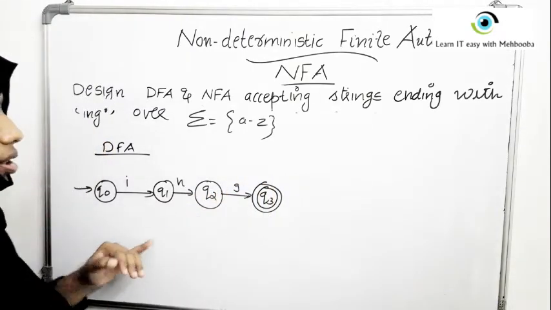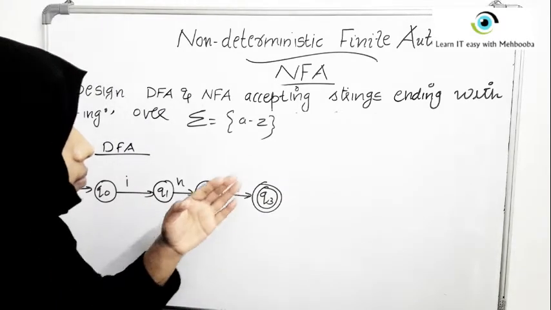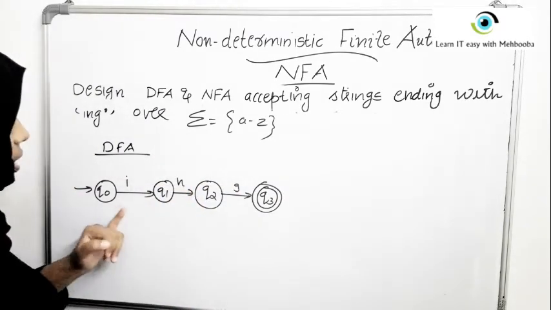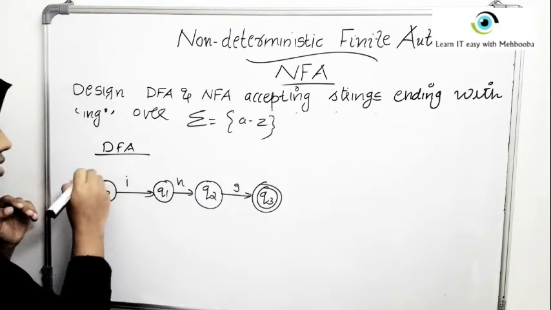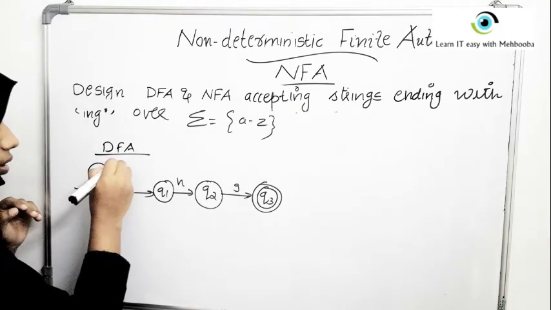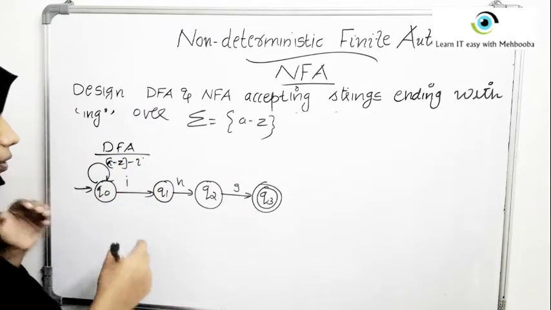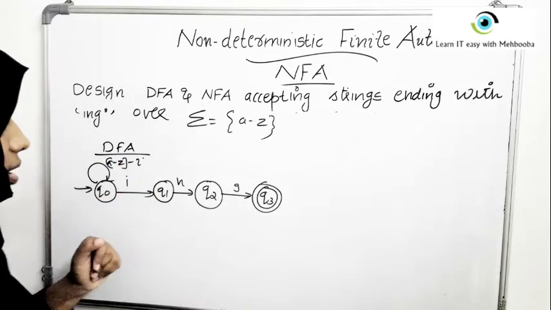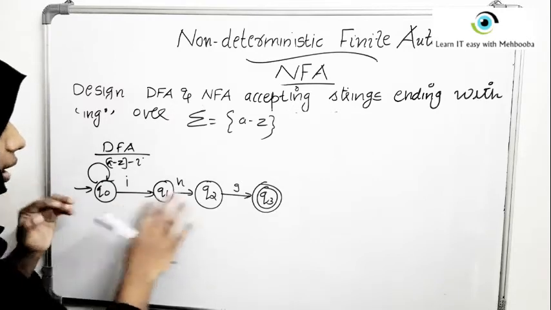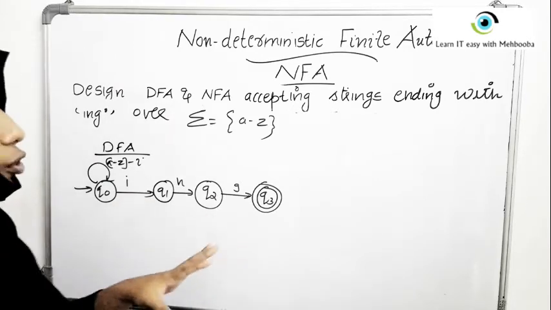So ing. This is the minimal DFA. Now we want a DFA for all strings ending with ing. So whatever is other than I, you just stay here, because if you are getting ing, that is fine, isn't it? Now the last characters should be ing for sure.